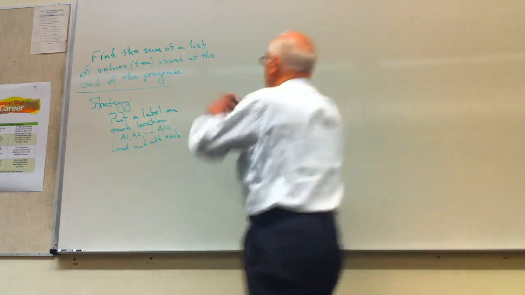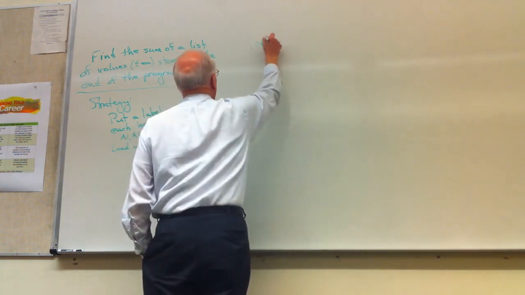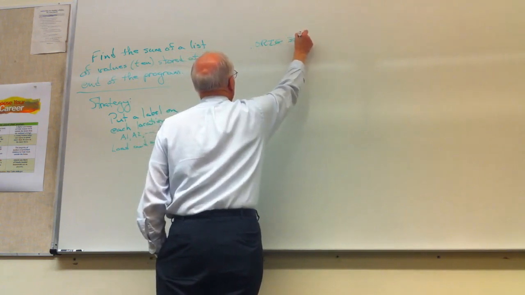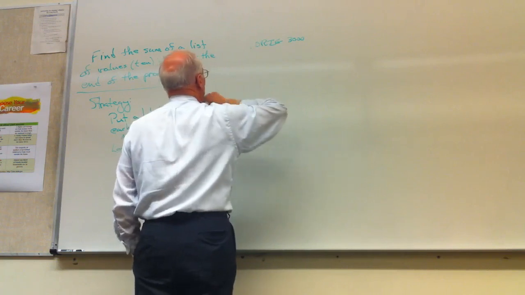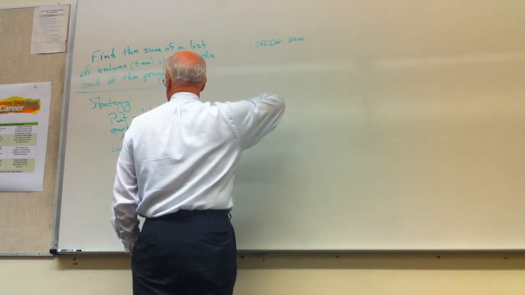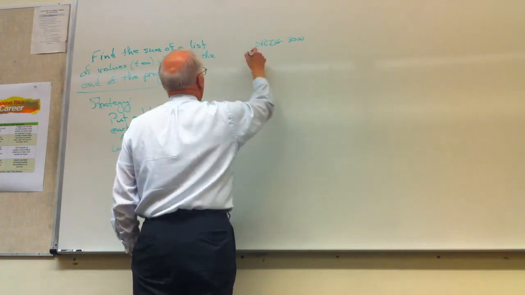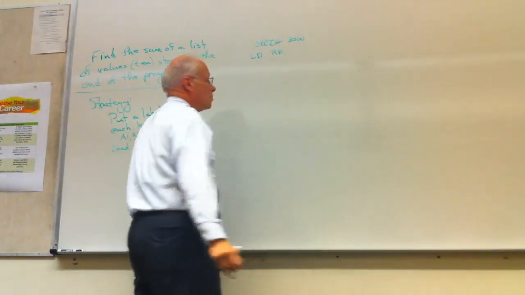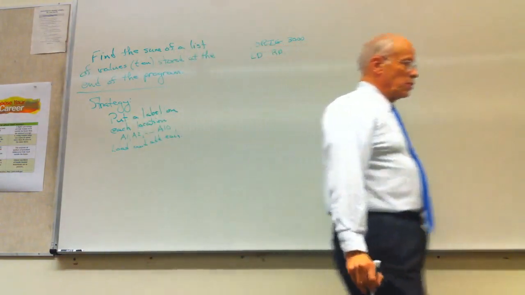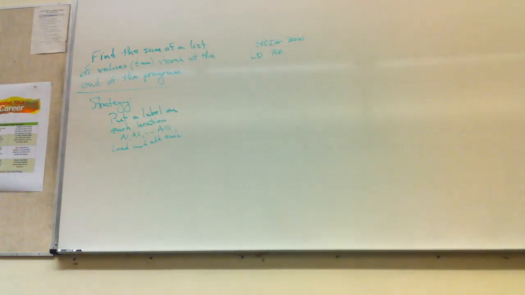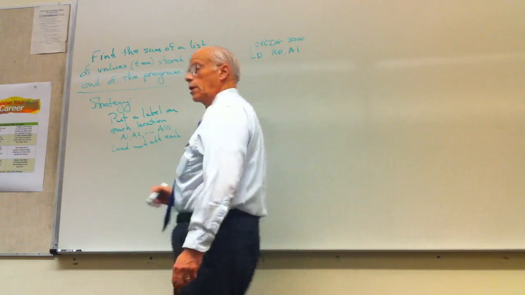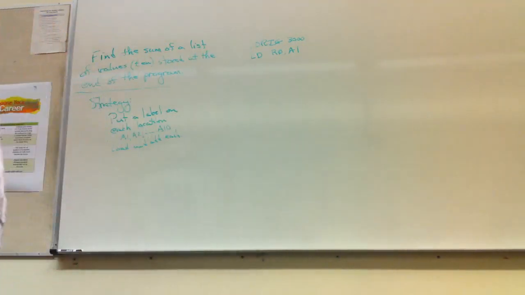Okay, so if we follow this strategy, we'll start in the traditional place. We'll put our sum into register 0. So we'll begin our sum just by loading A1 into there.